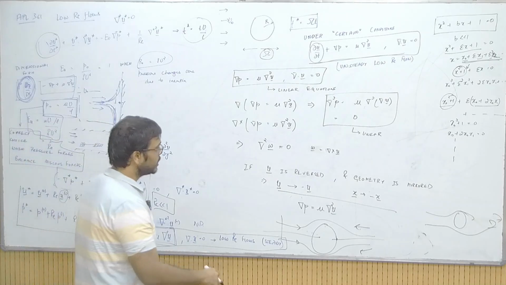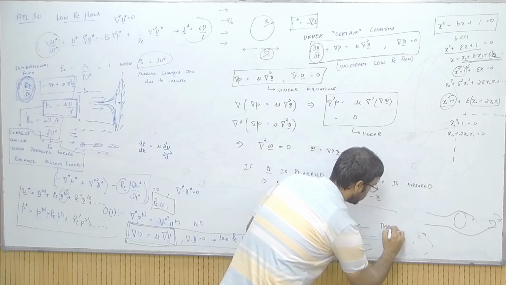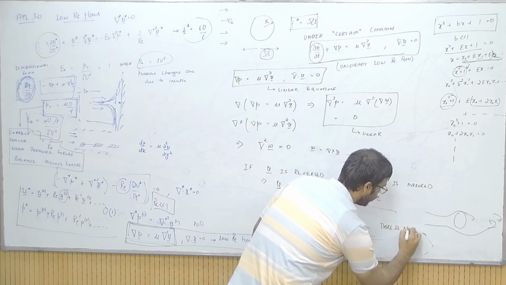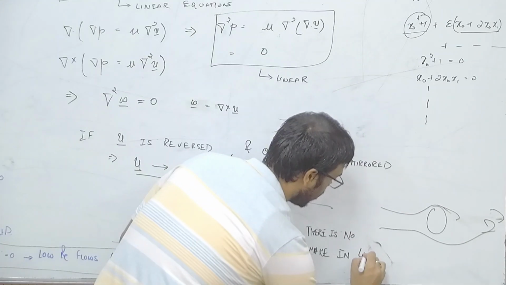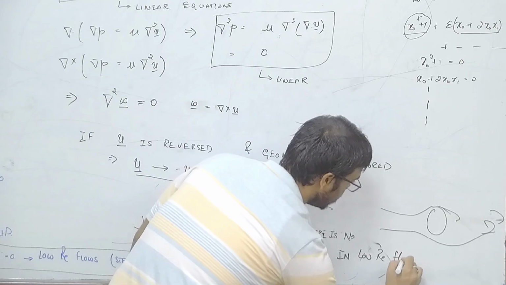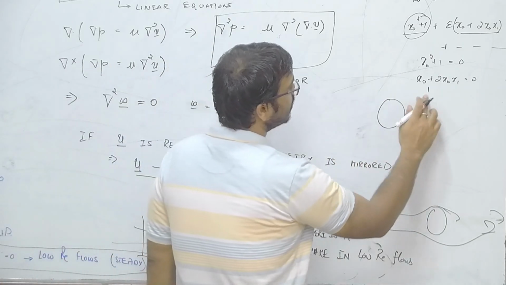Or the other conclusion that you can derive is that there is no wake in low Re flows. What this means is that the body is present and the effect of the body is symmetric upstream and downstream. There is no difference between the flow downstream of the body and upstream of the body. There is no wake that is formed. The wake is usually this deficit in velocity.